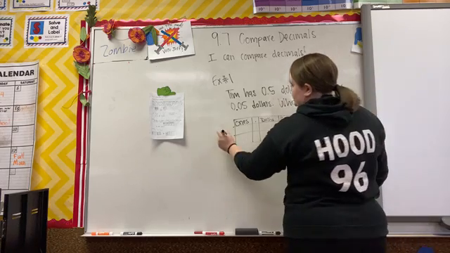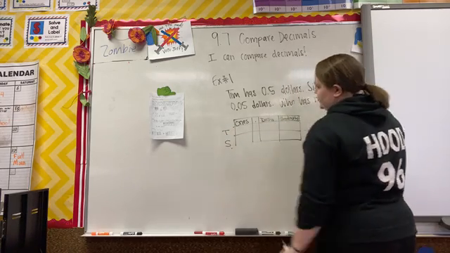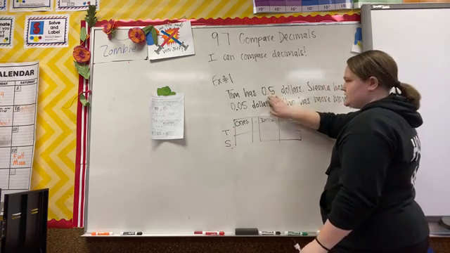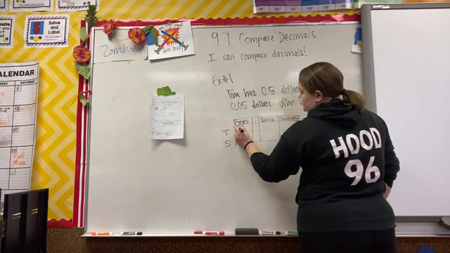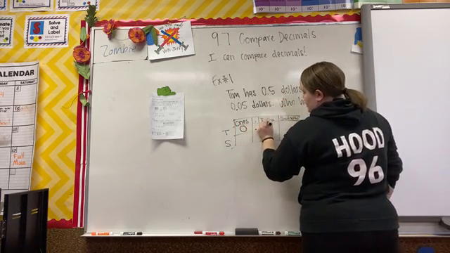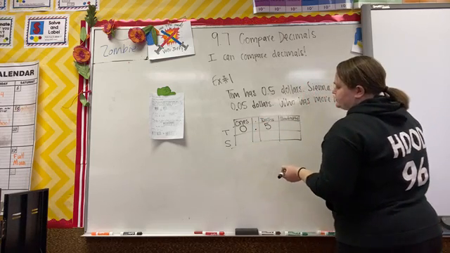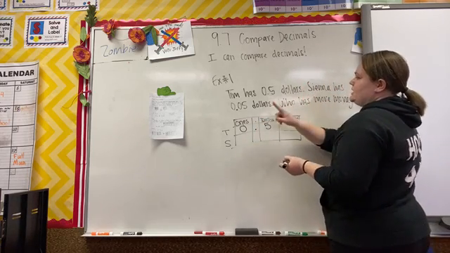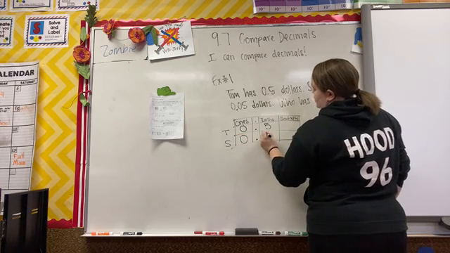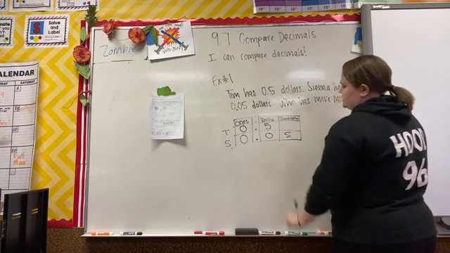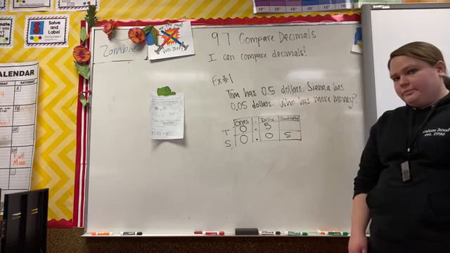Okay, this is going to be Tim, this is going to be Sienna. Tim has 0 and 5/10ths of a dollar. So he has 0 and 5/10. Sienna has 0 and 5/100. Who has more?